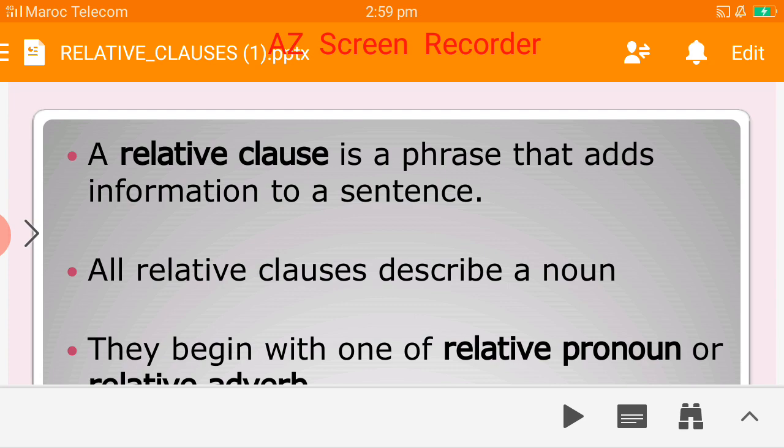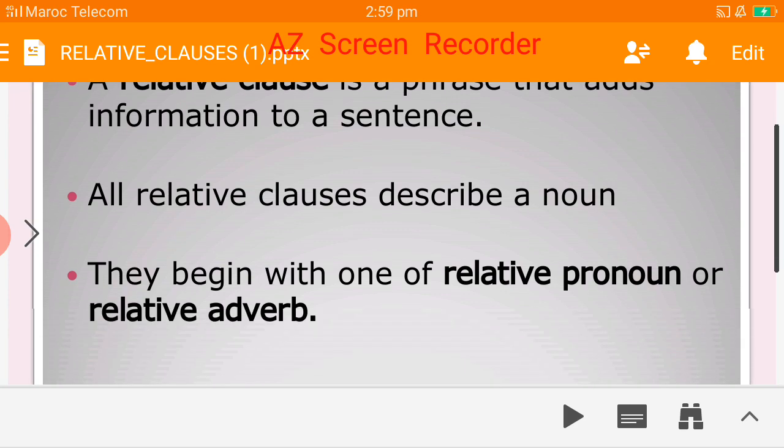Firstly, what is a relative clause? A relative clause is a phrase that adds information to a sentence. All relative clauses describe a noun.